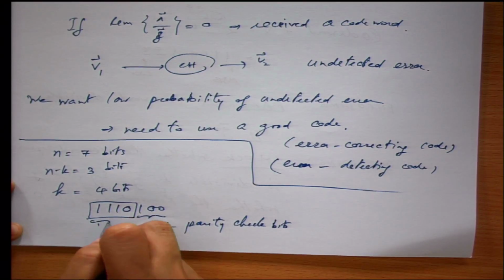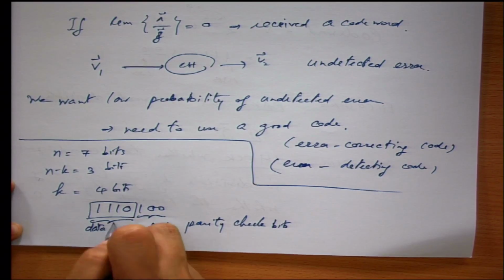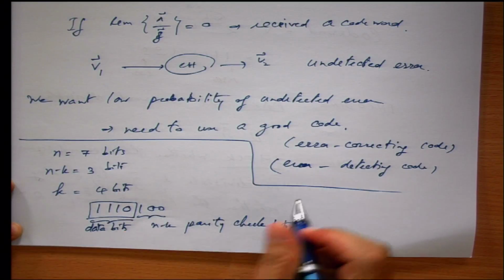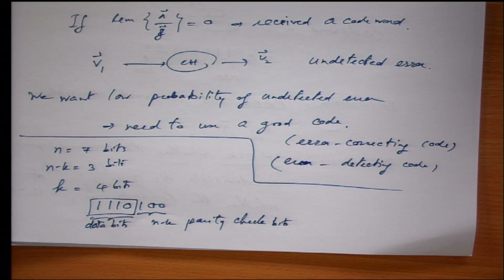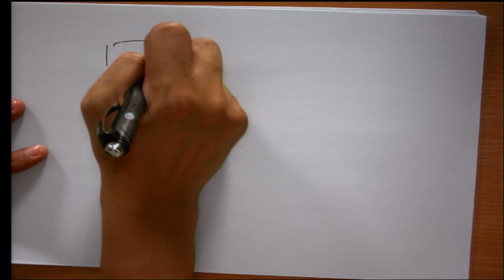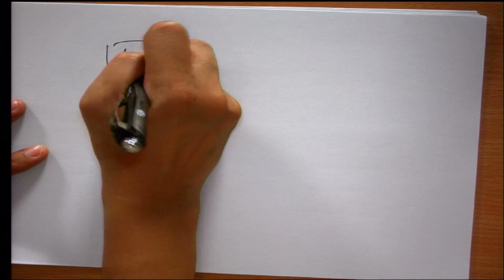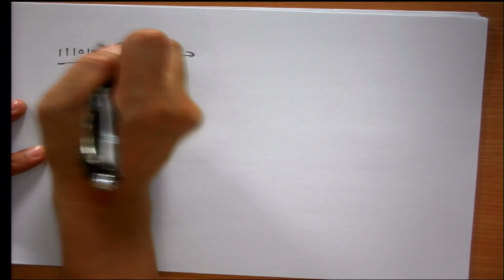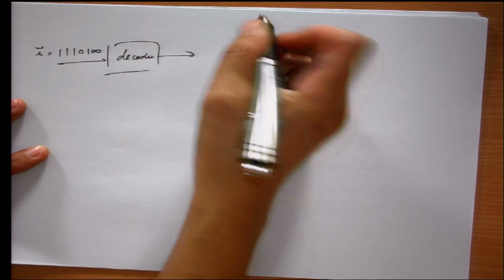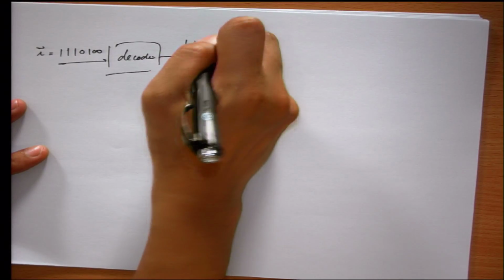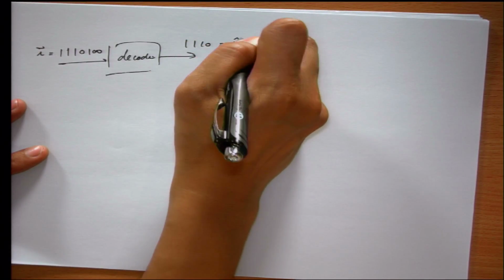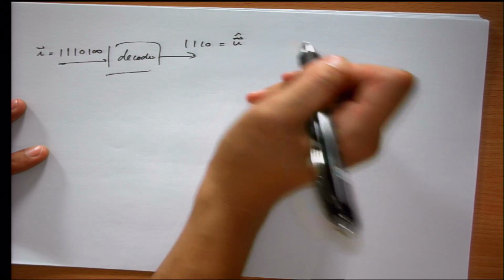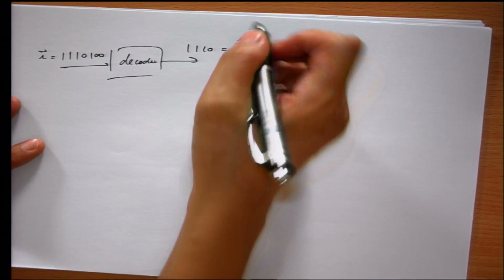So these are data bits. When you decode, at the decoder you have 1 1 1 0 1 0 0 coming in, and you will give out 1 1 1 0 as the decoded data.